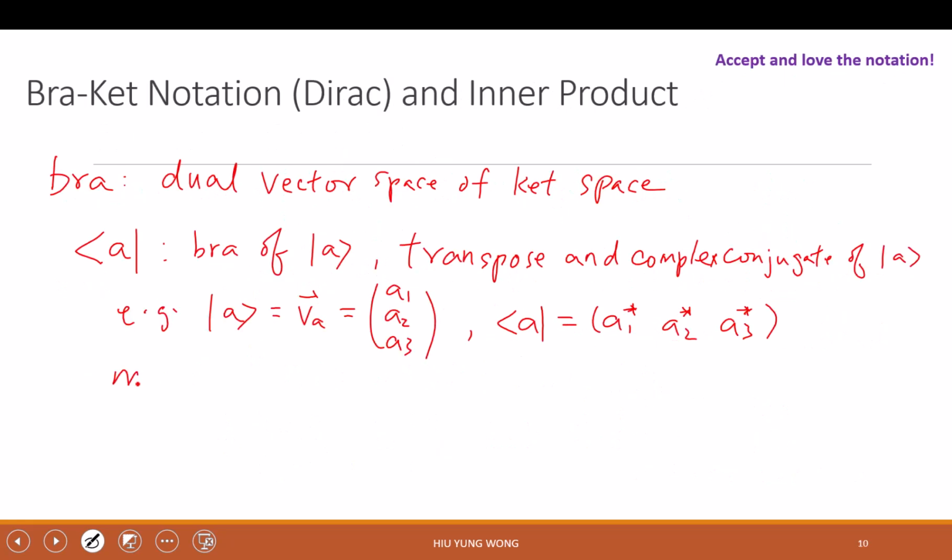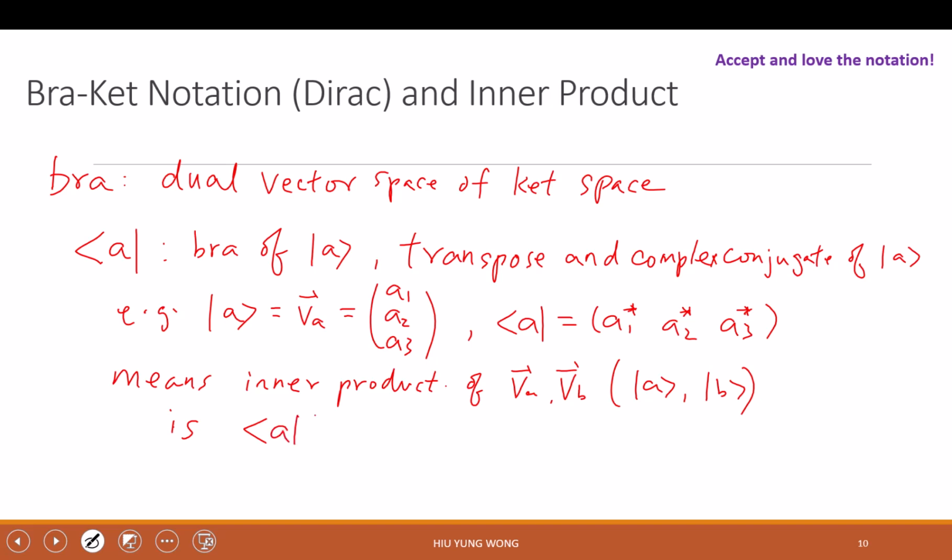Then it means the inner product of VA and VB, but now we write it as A cat and B, right? Is the bra of A times the cat of B. Maybe I'm too fast, right?